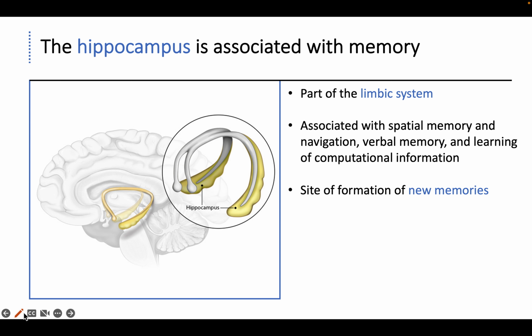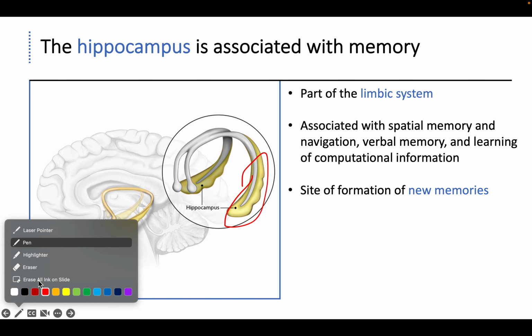Okay, and so you could go on and talk a lot about different types of memory, short-term memory and long-term memory and relational memory and all these different things. But in general, the hippocampus, which are these yellow structures that we see here, this is the general site for memory information.